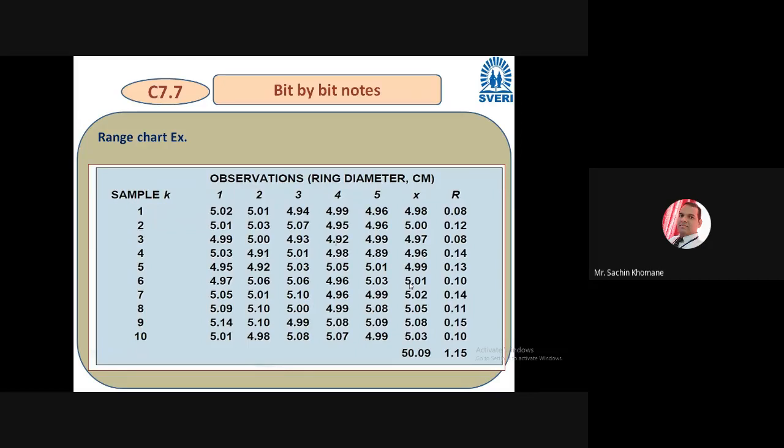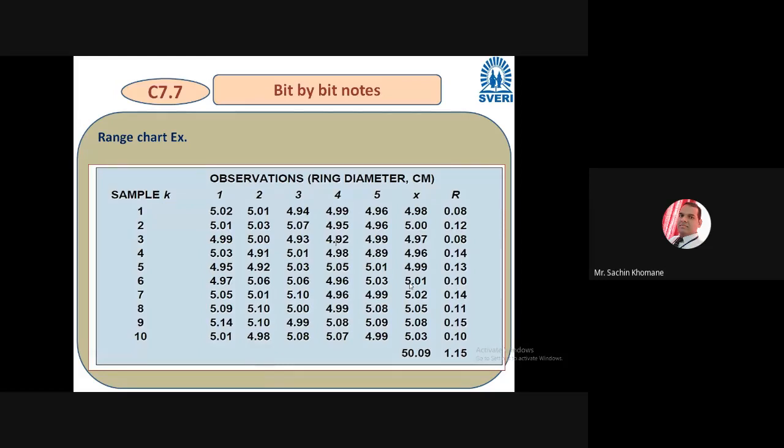One more reading you have to tell me, to see whether you understood the range, because if you can't calculate the range, then you cannot prepare the range chart. For the 10th reading, can somebody tell me the higher reading and the lower reading? Which readings will you refer to calculate the range?